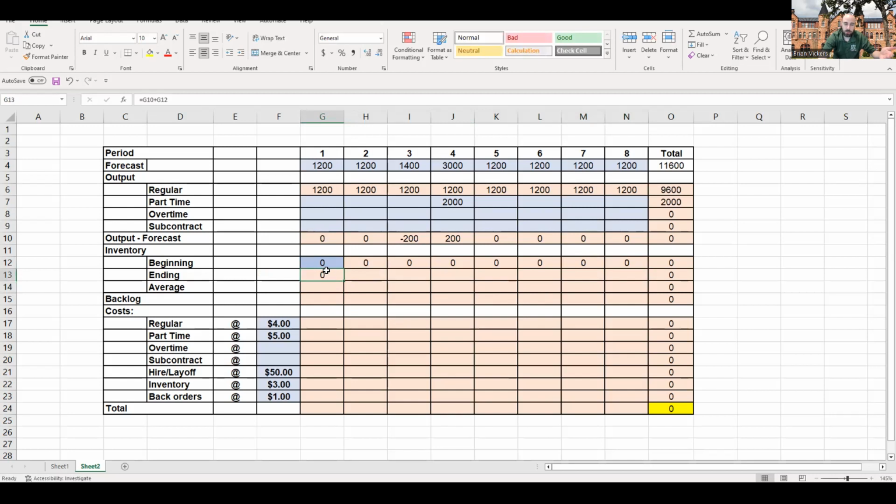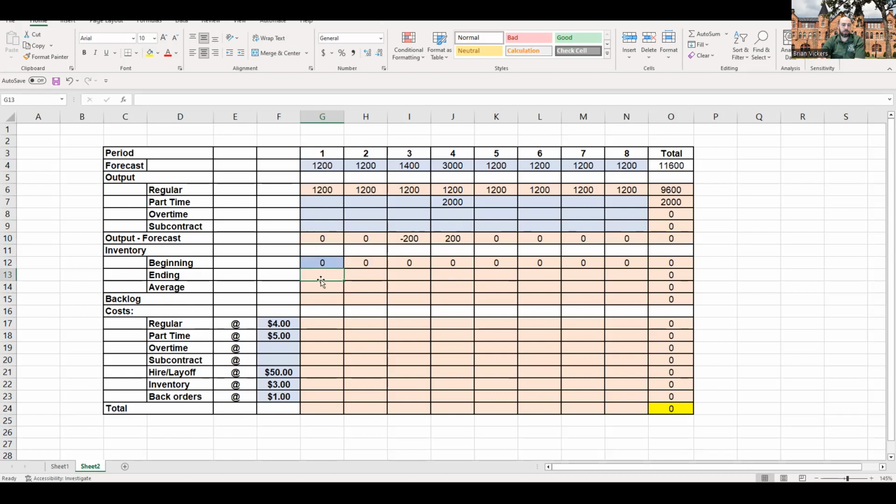If this is a negative number, turn it into a 0 and then do equals ABS, this plus this, right? That's how you would do it without doing an equals if statement. How do you do it by hand? Well, you would just do output minus forecast plus beginning equals ending.